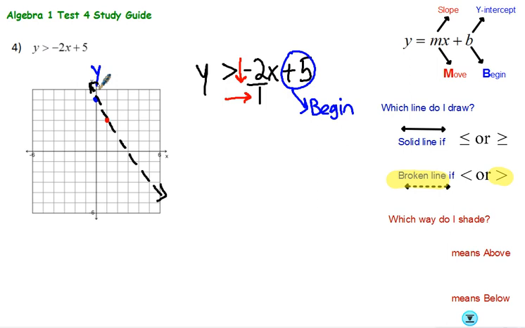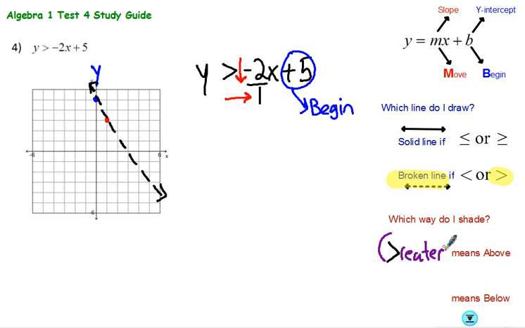So this is a greater than symbol. As we've said, the greater than means above. And the greater than looks like a G. I keep repeating this, by the way, not to annoy you. I keep repeating this because this is a really common mistake that a lot of people make.